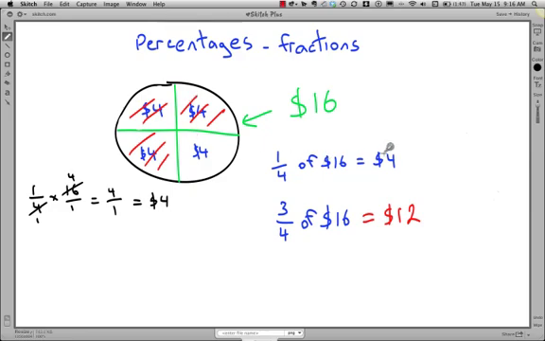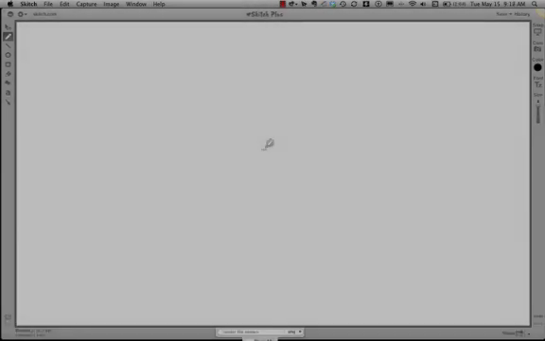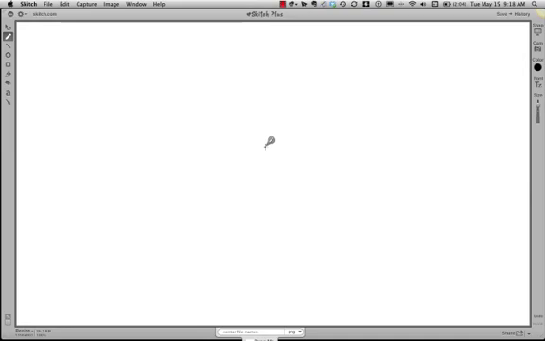Much easier in this case just to reason it through. And 3 quarters of 16, again we can cancel. 3 fours are 12, 1 times 1 is 1, but again in this situation much easier just to think it through.